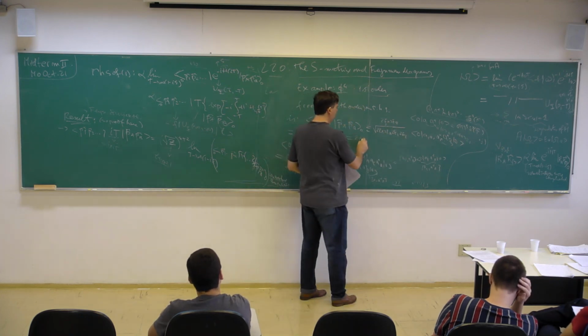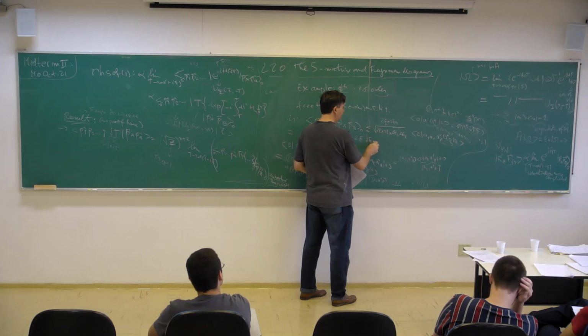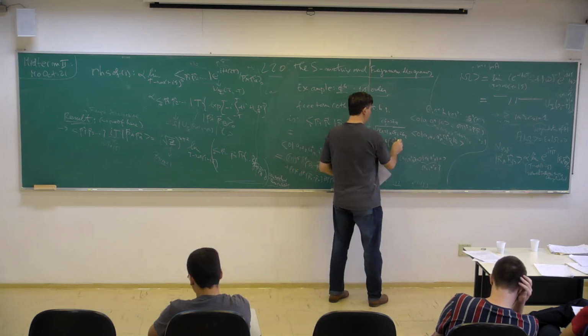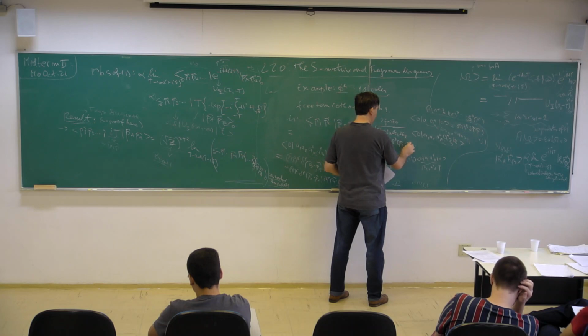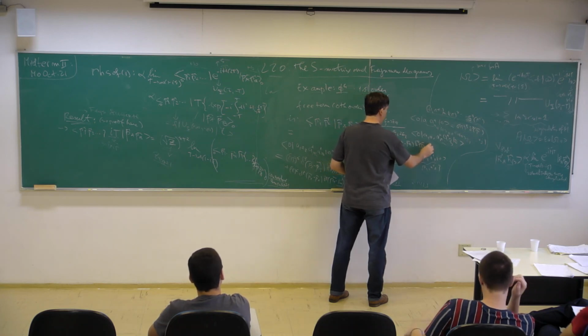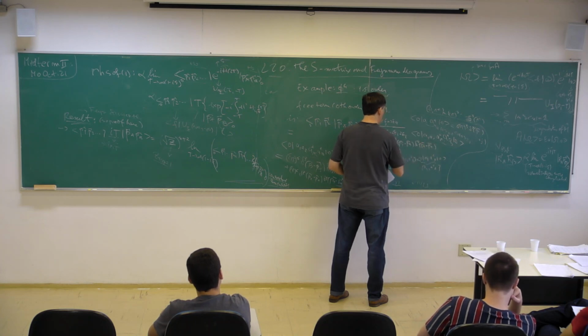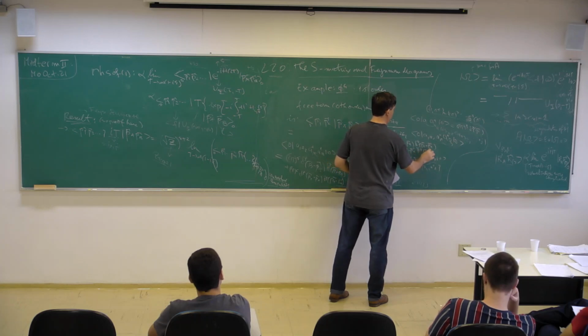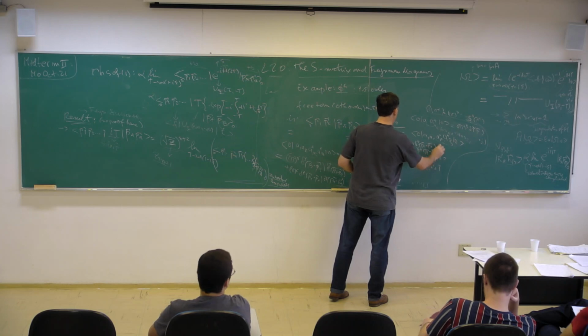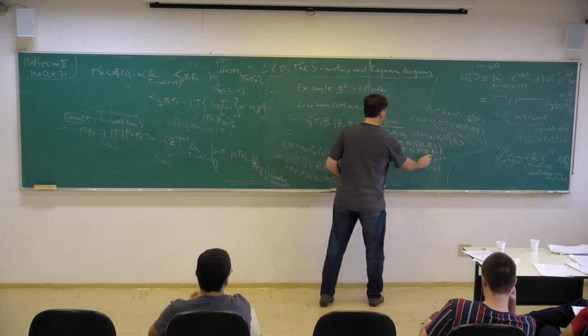This is 2EA, 2EB, and (2π)^6 is a common factor. And then this sum of products, δ³(P1 − PB) δ³(P2 − PA). Okay?